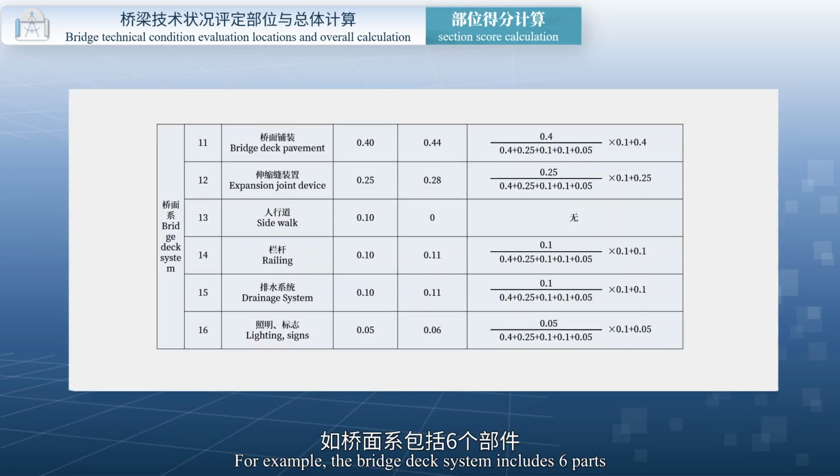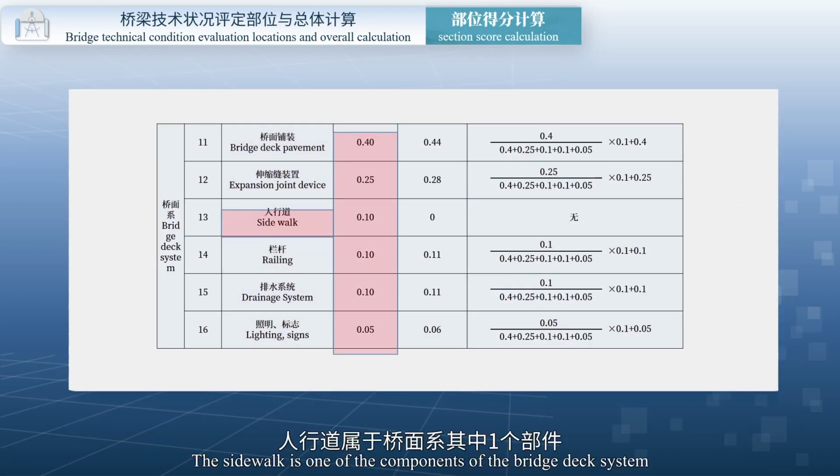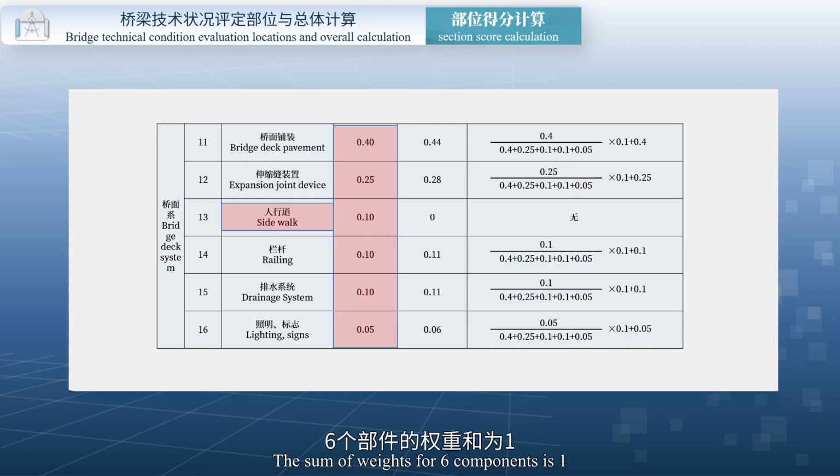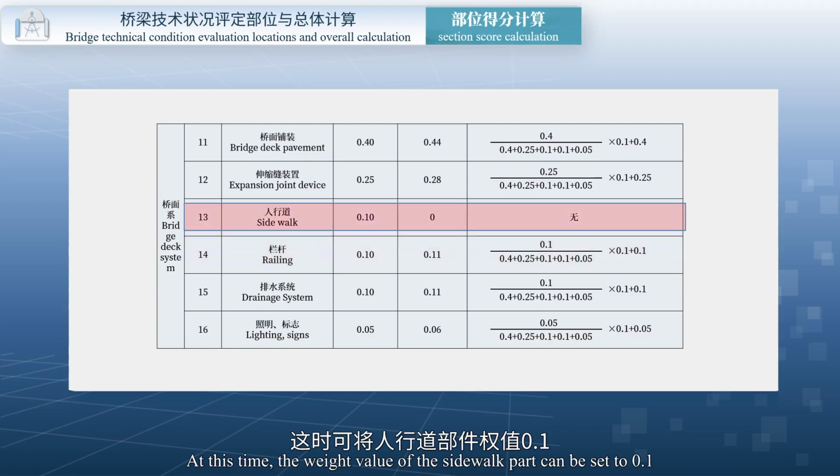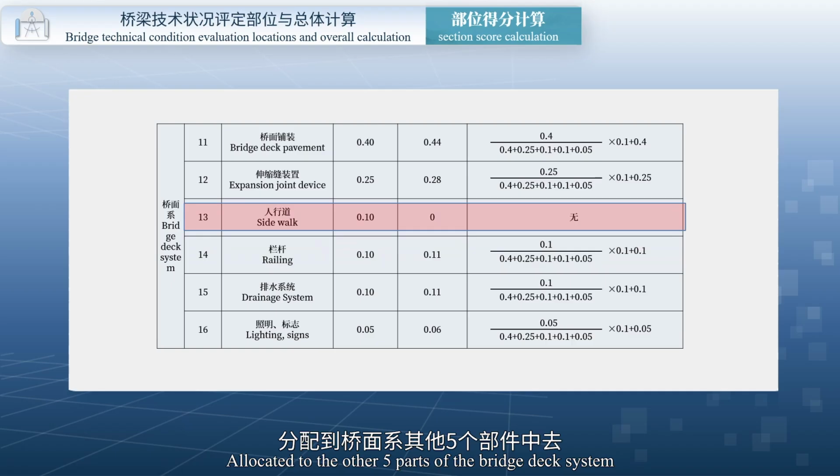For example, the bridge deck system includes 6 parts. The sidewalk is one of the components of the bridge deck system. The sum of weights for the 6 components is 1. However, a certain highway bridge has no sidewalk. At this time, the weight value of the sidewalk part, 0.1, is allocated to the other 5 parts of the bridge deck system.